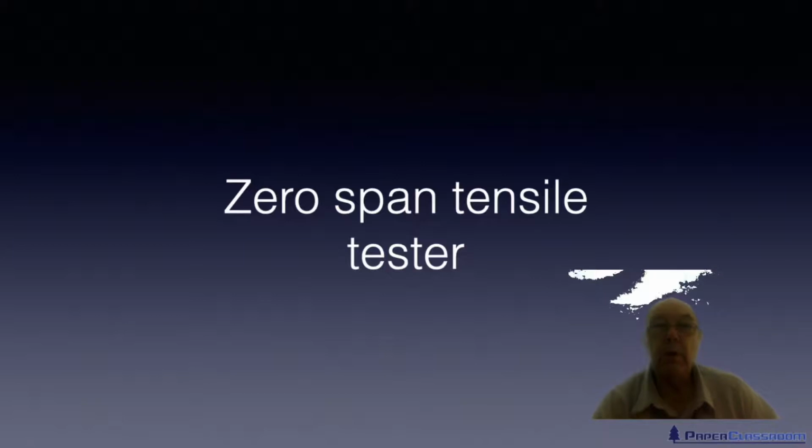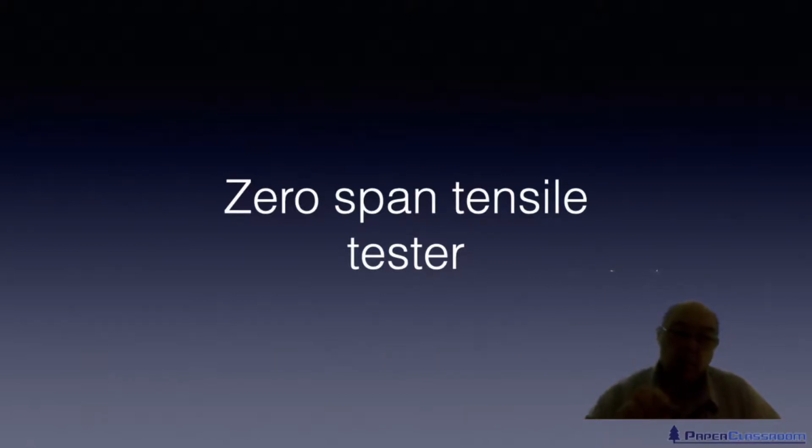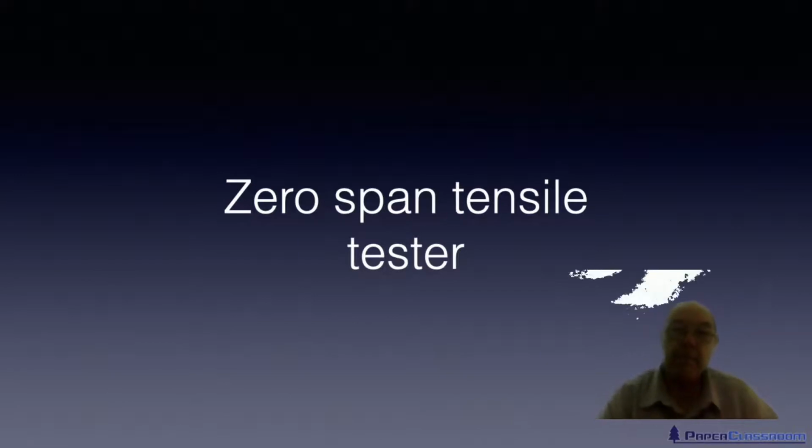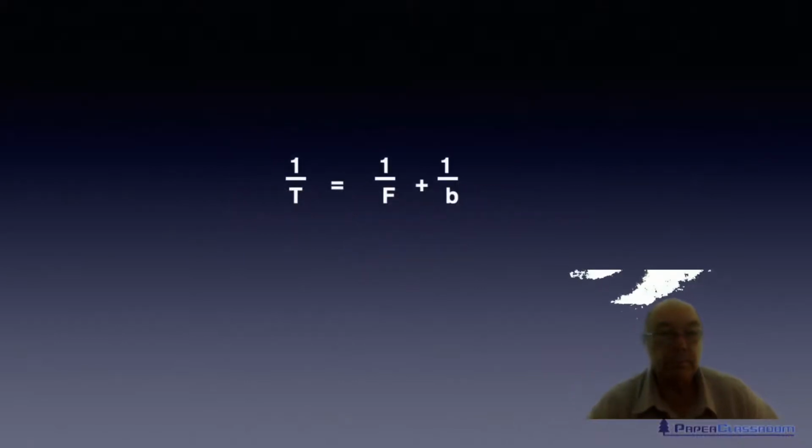So now we have the long span tensile strength, we have the strength of the fibre, and the only other unknown is the bonding contribution. We can calculate the bonding contribution. So there's the equation again.